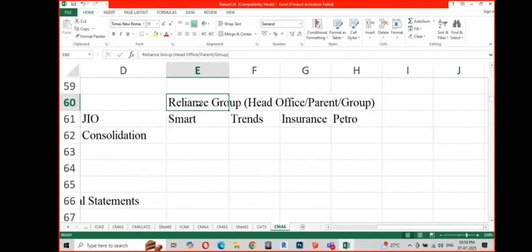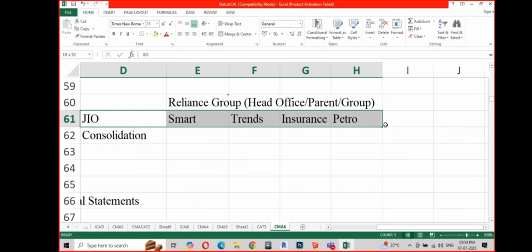at this parent level, what is happening? It is consolidating the results of all these company codes. At the parental level, whenever Mr. Mukesh Ambani wants to declare the results of the Reliance Group, does he report the business of only Jio or only of Smart or only of Trends?